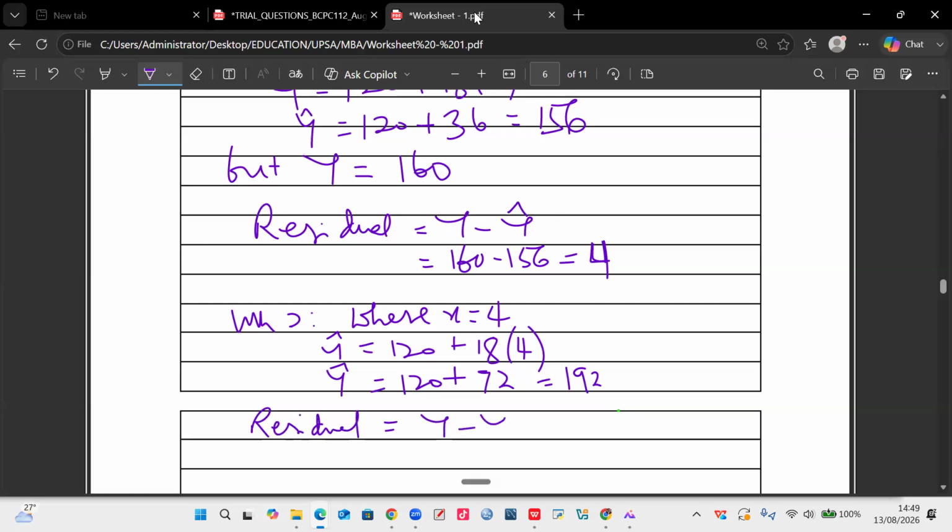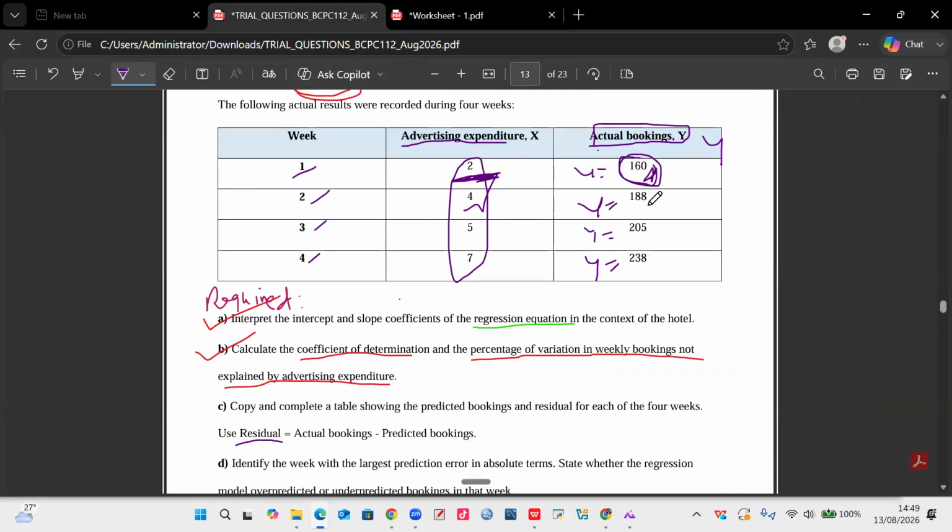So we come to the residual, which equals y minus y hat for week 2. The actual y for week 2 is 188.